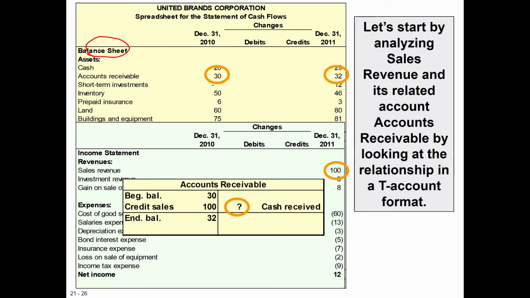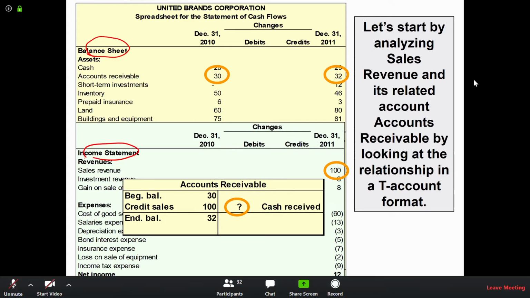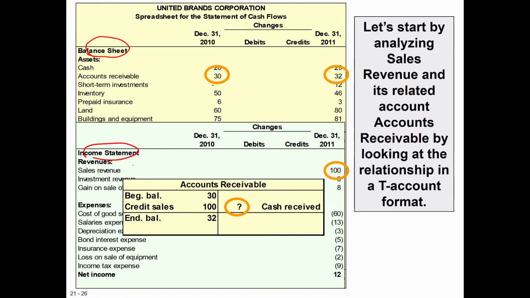The top is a partial balance sheet spreadsheet, and the bottom is the income statement spreadsheet. We're working on the sales revenue and accounts receivable information.